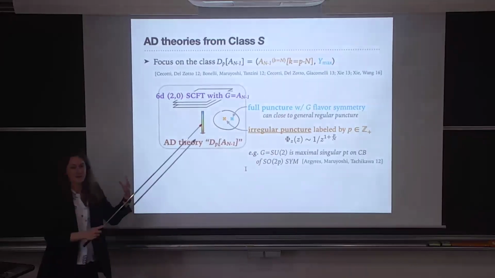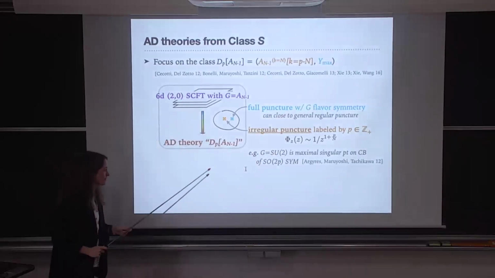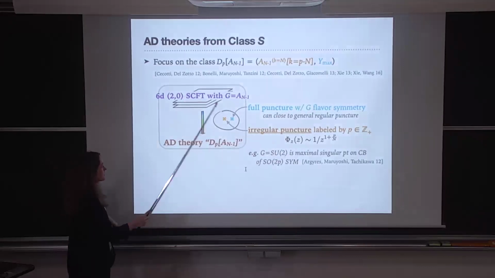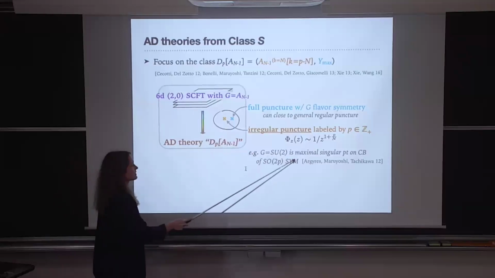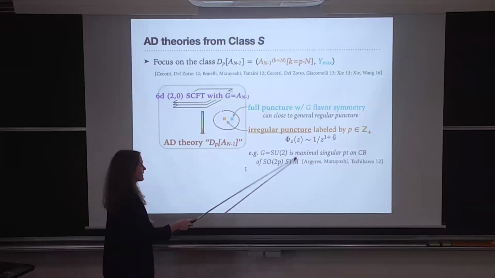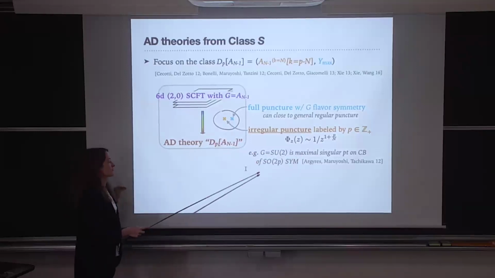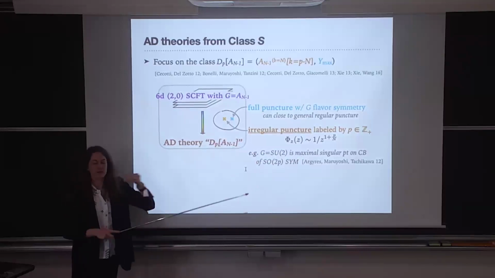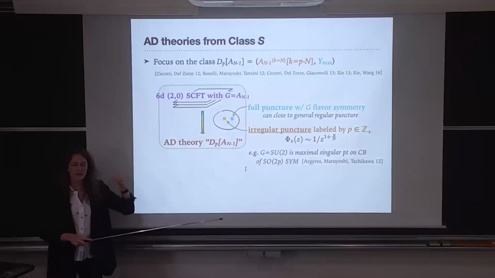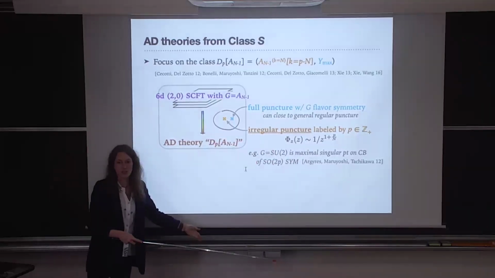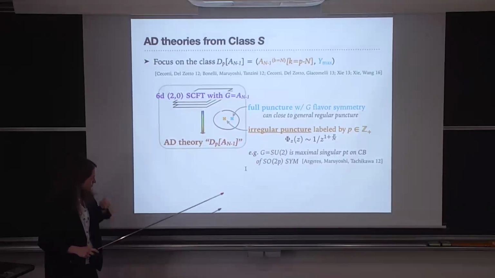And so some people label it by those 2 punctures on the sphere. So it's Argyres-Douglas in the sense that, for example, if I take G = SU(2), so I'm taking the (2,0) theory of type SU(2) on this 2-punctured sphere, then this construction coincides with the maximal singular point on the Coulomb branch of pure SU(p) super Yang-Mills. So it matches onto one of these types of limits that I was describing on the other side, but this is some larger generalization of a theory of that type.